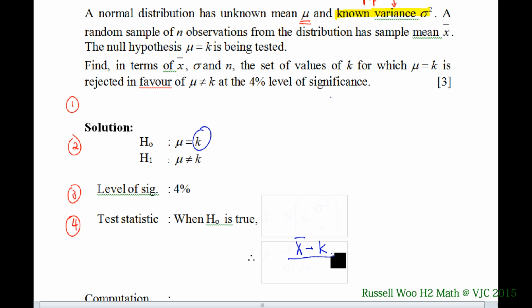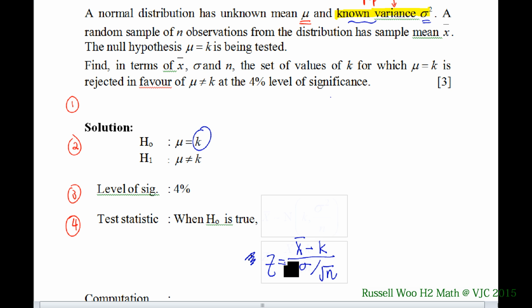Now, you know this variance is a population variance, so it must be sigma over root n. Correct? The therefore sign, I don't need the therefore sign. When H naught is true, then this is your test statistic, you are going to do a Z test.